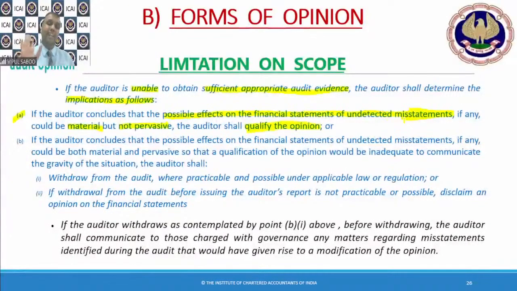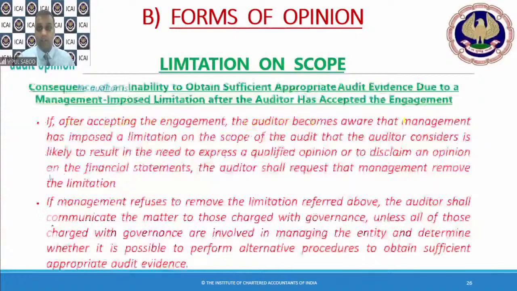He can easily conclude that in the absence of sufficient appropriate audit evidence, the effect could be material but not pervasive, so he will qualify the opinion. But if he is unable to tell whether it could be material or pervasive or both, he will give a disclaimer of opinion, as we have done in the previous matrix.